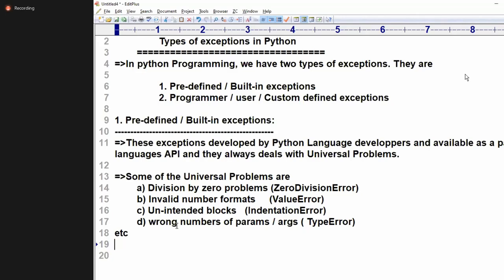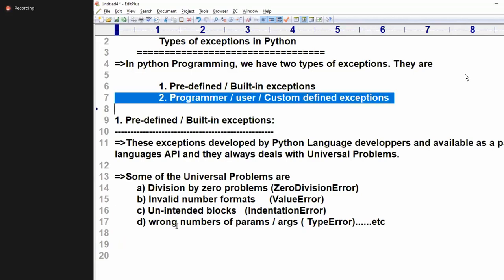Now I am writing some more kinds of exceptions. Second point I am going to tell you. Programmer or user defined, custom defined exceptions. So, programmer defined exceptions I am trying to tell you here.